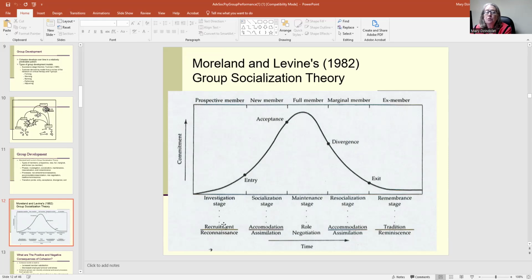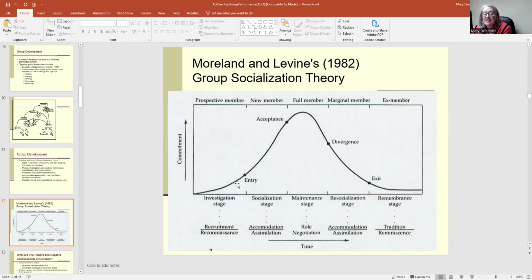Everything that's above the line is what the group is doing. Everything that's below the line is what the group member is doing. During this investigation stage, the group is trying to recruit this prospective member. Join us, join us. And the member is doing some reconnaissance. They're investigating it. Do I want to be part of this group or don't I?